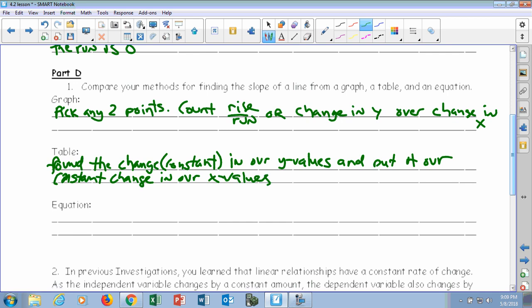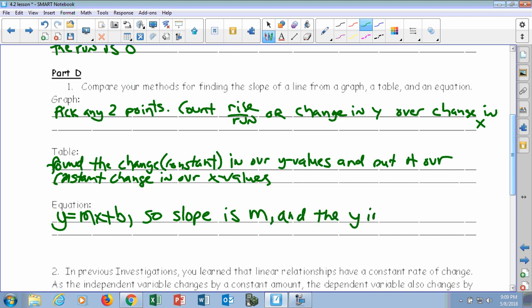And in the equation, well, that was the easy part, because the equation was y equals mx plus b, which means the slope is m, and the y-intercept is b. So we just find out where those two things are in the equation, and we easily find the slope. We easily find the y-intercept.